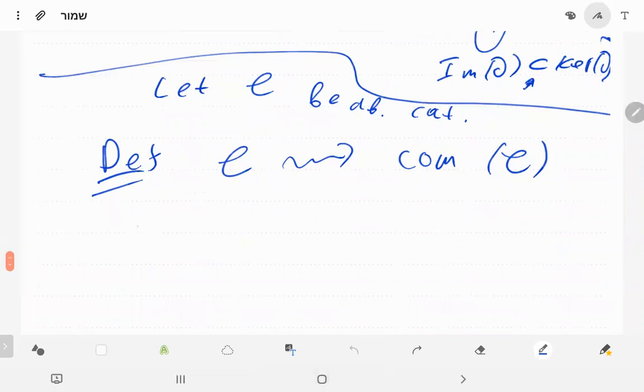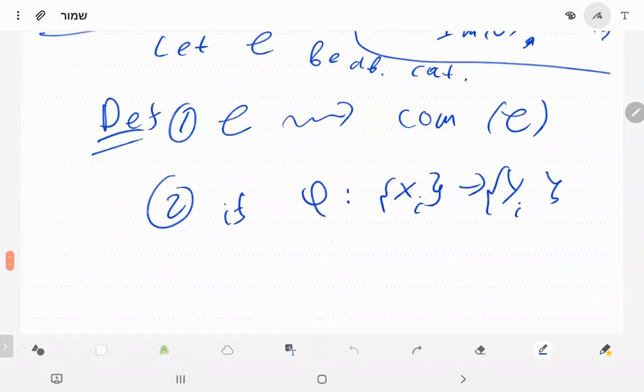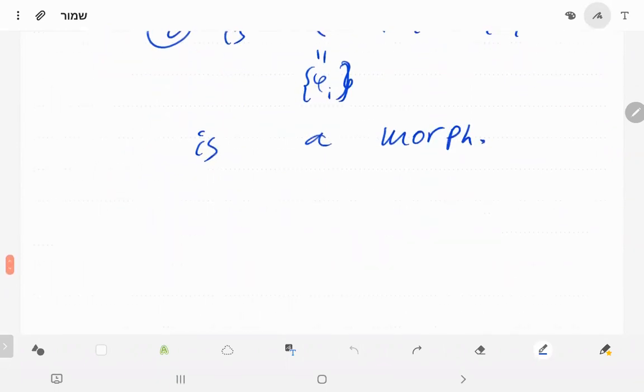Now this is the first thing. Second thing, if we have phi from X_i to Y_i, phi equal to phi_i, is a morphism, now we can define a map on the homology.